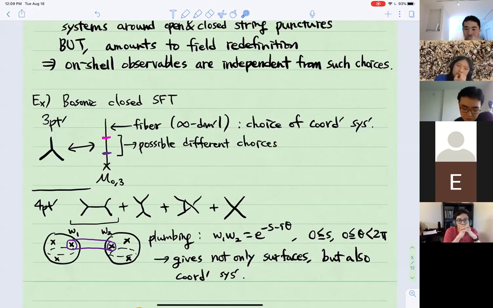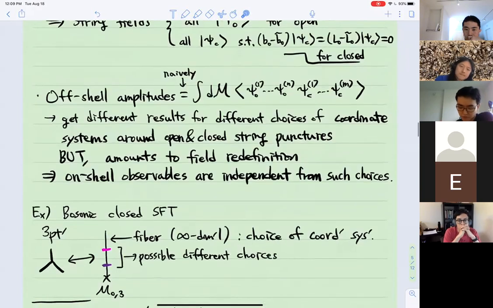Okay. So say you chose this one. That's your definition of 3-point vertex. Okay. So in practice, what you do is simply you compute 3-point function using the coordinate choice you made here. And that's gonna give you 3-point vertex. Is this clear?